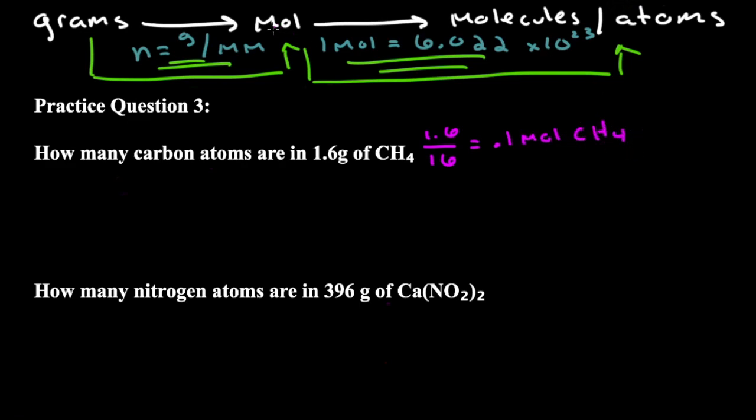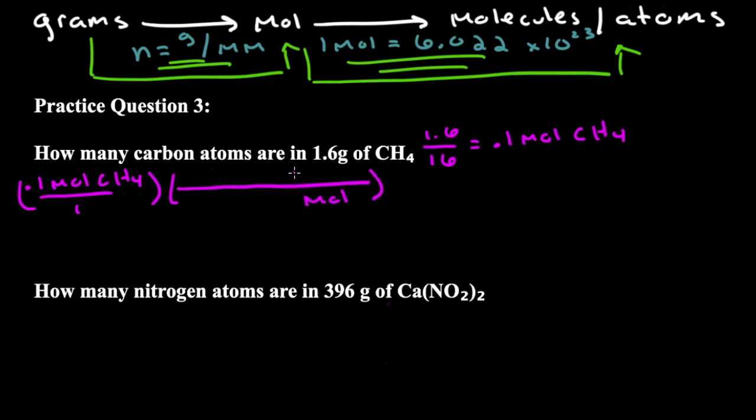And so now that we have moles, we can go from moles to molecules, and we'll use Avogadro's number here. And so we're going to say that we have 0.1 moles of CH4, and I'll put that over 1. And then what I'll do is I'll set up my dimensional analysis, where I'm going to put a mole on the bottom, and then I'm going to put molecules up top.